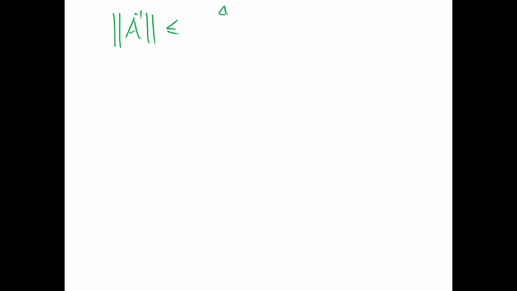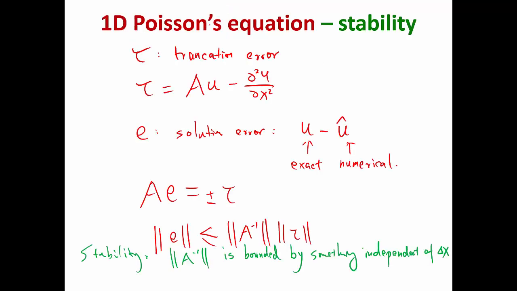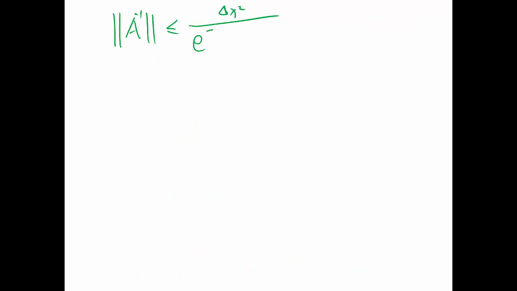That looks like delta x squared divided by e to the i pi divided by n, minus 2 plus e to the minus i pi divided by n.